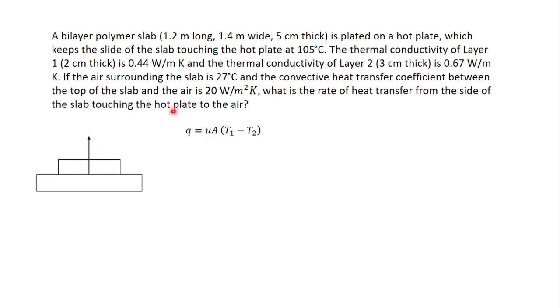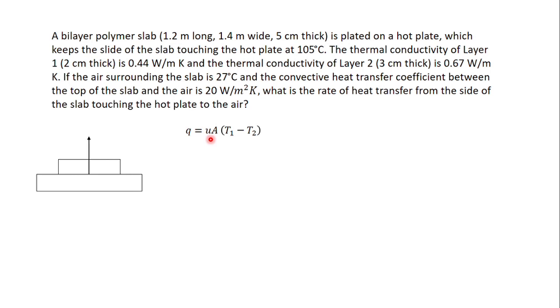So in this problem, we will use this formula since we have to find the rate of heat transfer. So Q is the overall heat transfer coefficient U multiplied by the area multiplied by the temperature difference. We have to find U first, since U, the overall heat transfer coefficient, is not given.